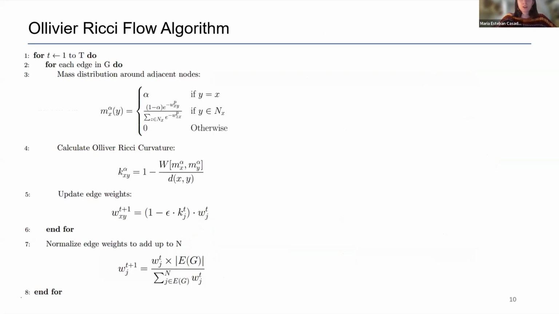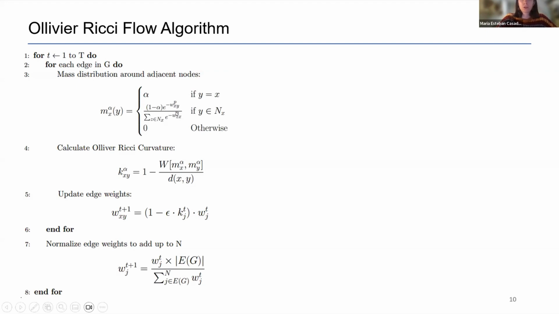This algorithm can be divided in the following steps. For every iteration, we want to compute the curvature of all the edges in the graph. In this case, we define the mass distribution in the following way, as shown in step 3. This is the same mass distribution that I showed a few slides ago, but notice that now we have introduced this weight-dependent term, and the mass distribution is a function of a parameter p, which is just a hyperparameter of the algorithm.